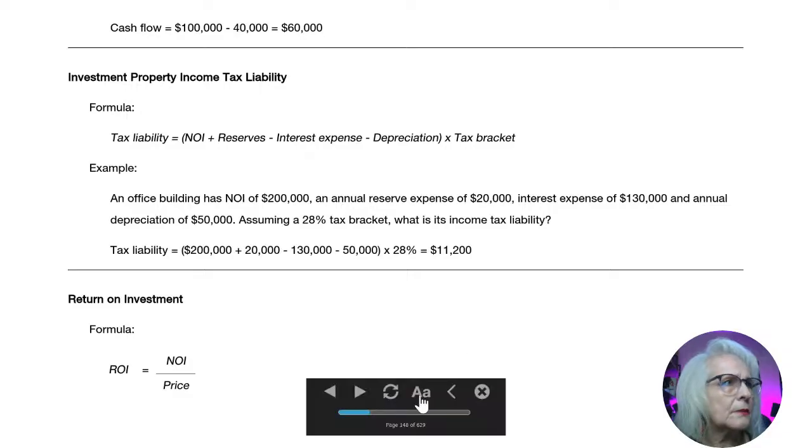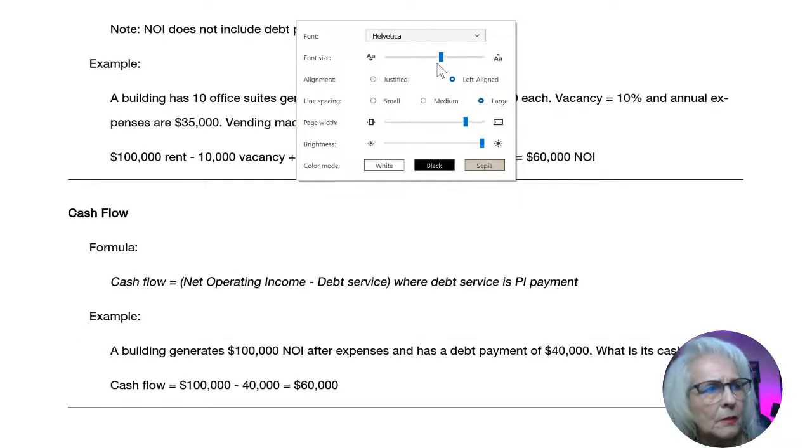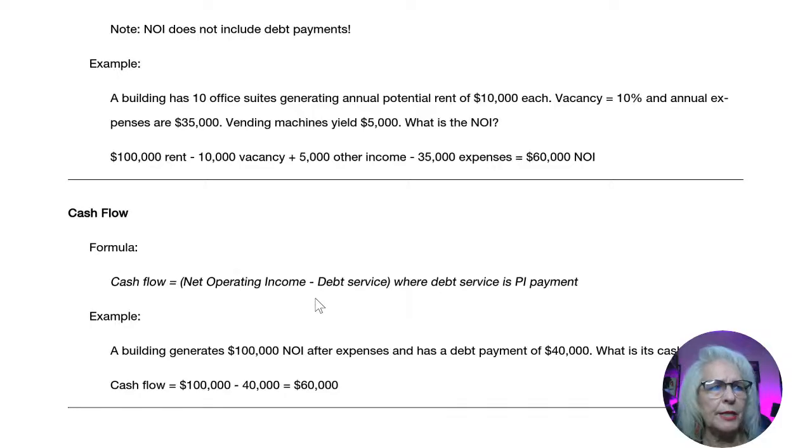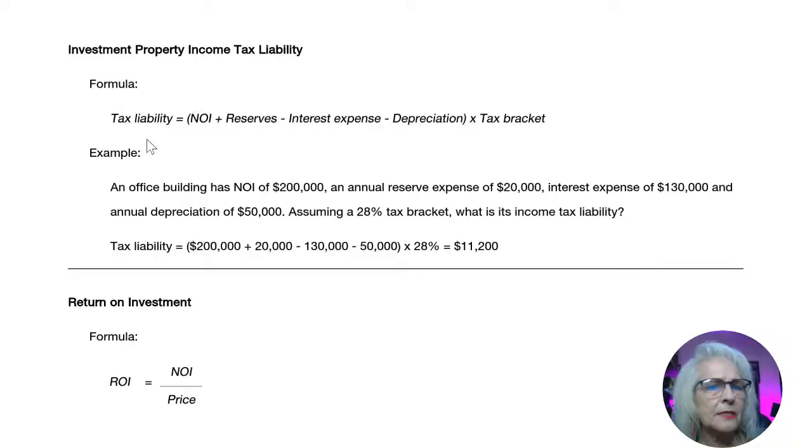Okay, so here, cash flow, net operating income minus debt service, where debt service is PI. Oh, that's not it. Tax liability. So an office building has NOI of 200,000, an annual reserve expense of 20,000, interest expense of 130,000, and annual depreciation of 50,000.